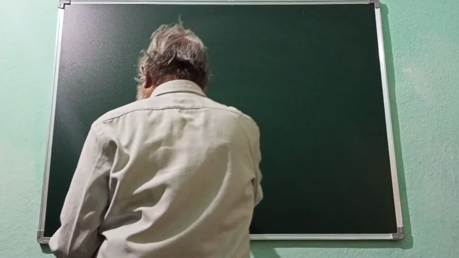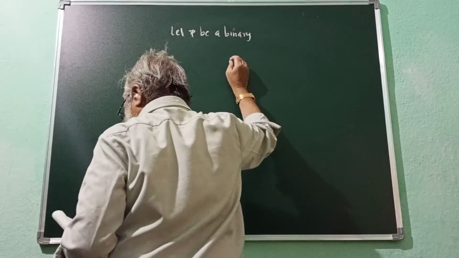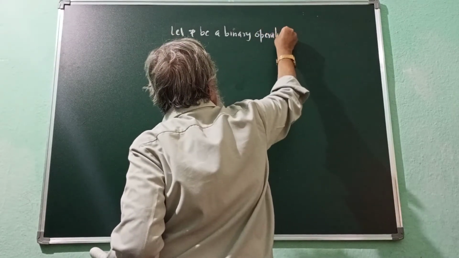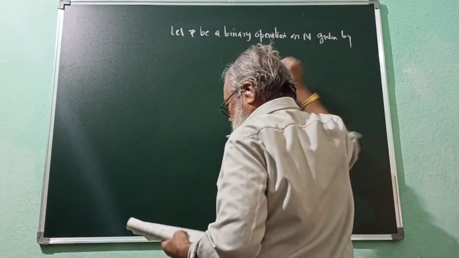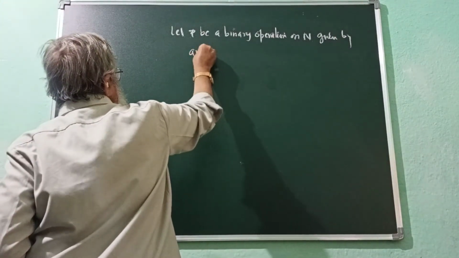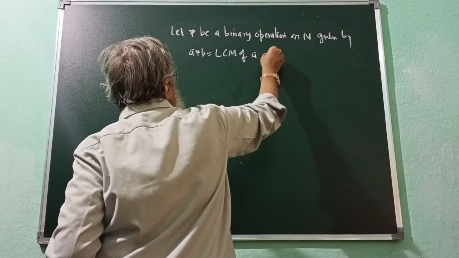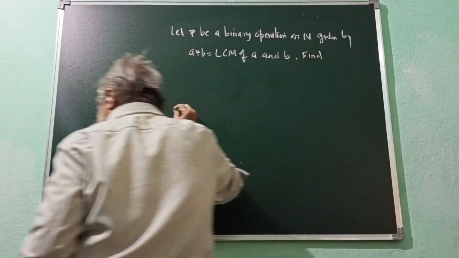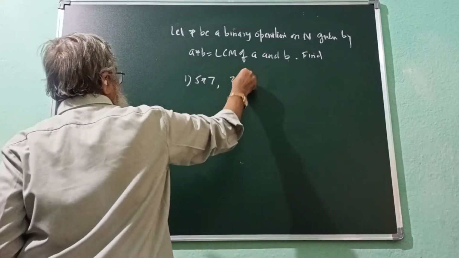Next problem. Let star be a binary operation on N given by A star B is equal to LCM of A and B. First, find 5 star 7 and 20 star 16.